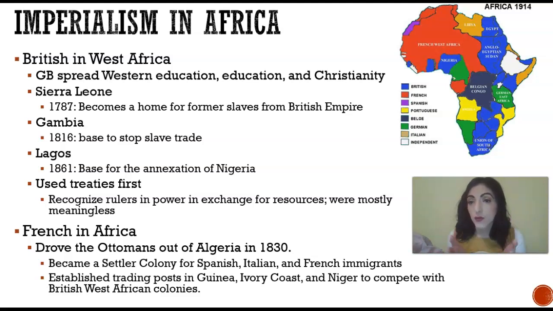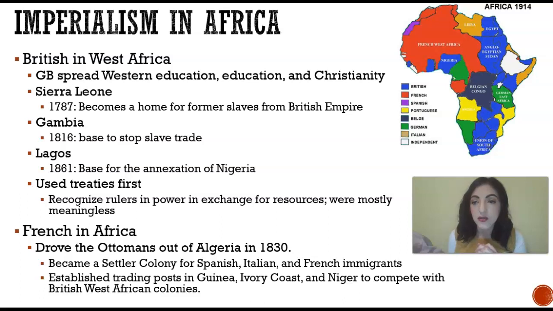You have the red French, the blue British, the purple Spanish, the yellow Portuguese, the dark blue Belgium, the green Germany, the tannish color Italy, and then you have the only two white parts on the continent, on the west coast and on the east coast, which happen to be Liberia, and what we call today Ethiopia, but I think at the time it was called Abyssinia. Those only two white territories are the only territory in all of Africa that's actually controlled by Africans, which is insane.